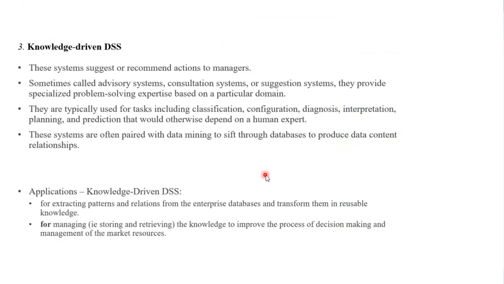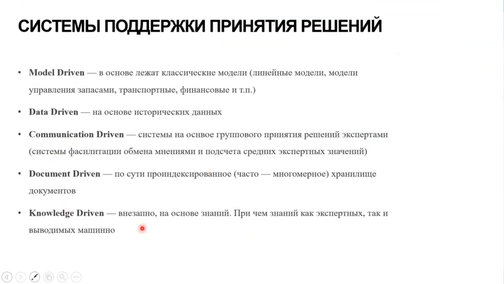Then the third type is the knowledge-driven DSS. Just to go back to the Russian ones here. Knowledge-driven, we'll say it's mostly based on knowledge. Let me go back here to the slide. All right.